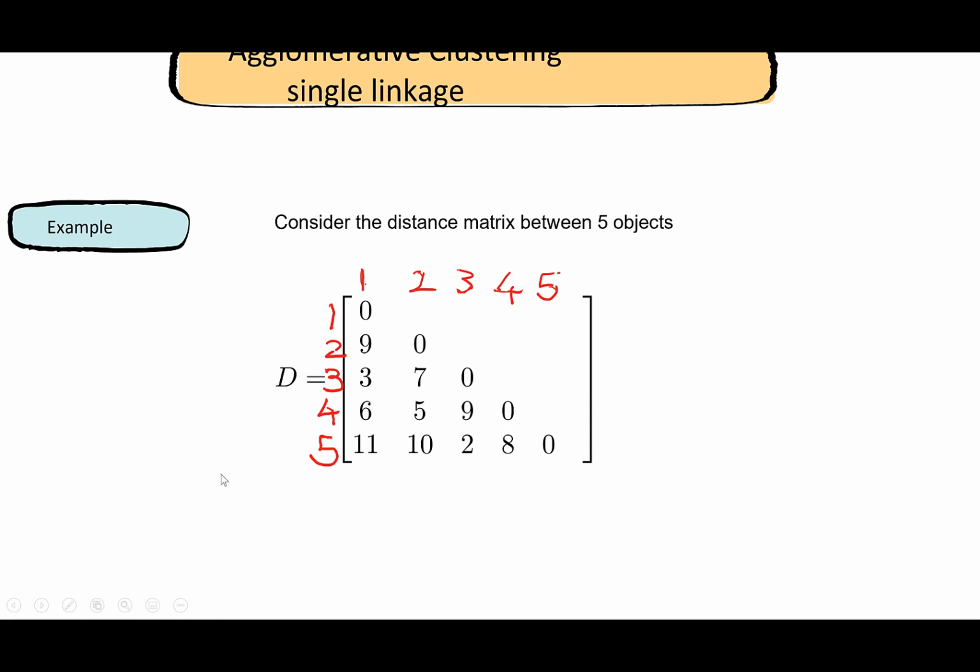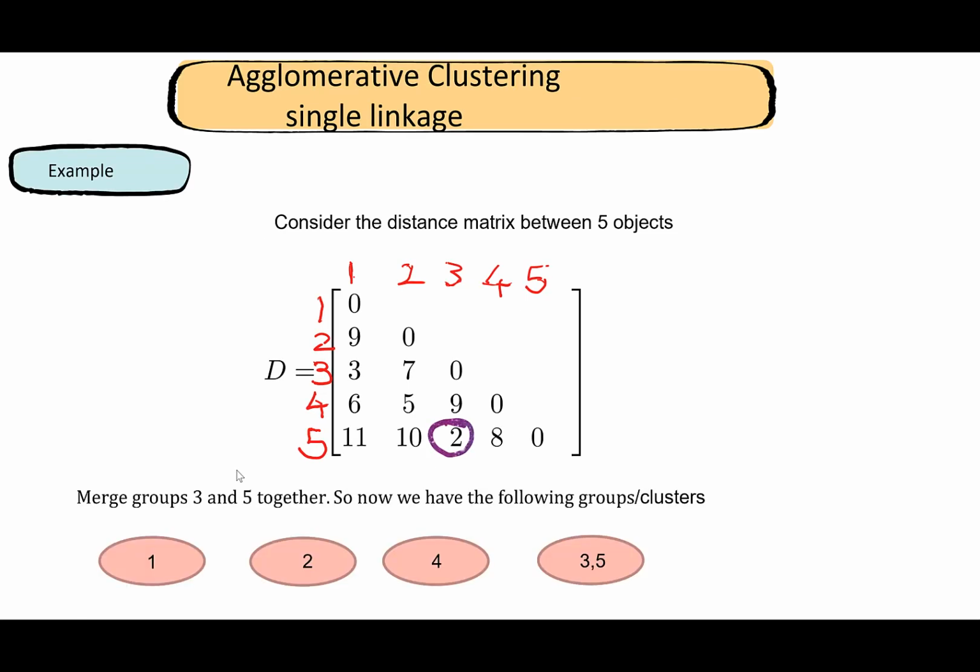I'm going to denote it by D. So which items are the closest to each other? Which two items should we group together? This 2 is the smallest number. That is, items 3 and 5 are the closest to each other. So we merge these items. Now I have 4 clusters: one cluster with element 1, another with element 2, another with element 4, and then one with 3 and 5.